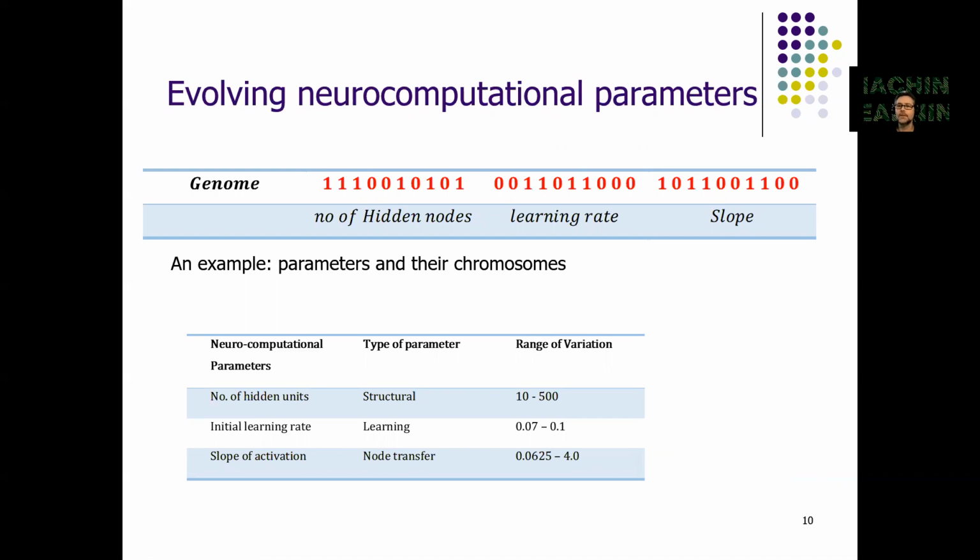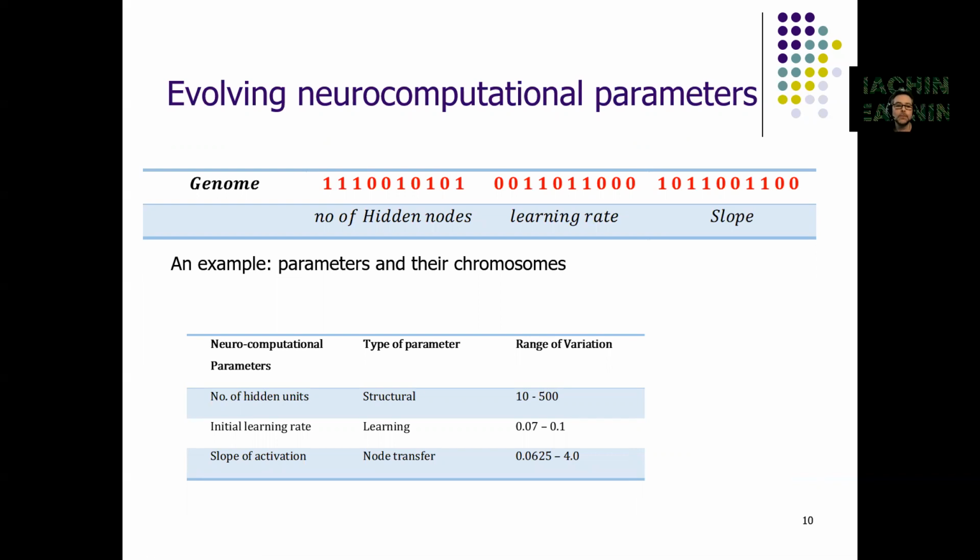As you understand, it's very flexible. Someone could create a much more complicated representation for the chromosome and include weights, but also architectural parameters. So it's an approach which makes sense to use in the context of neural architecture search. And also if you want to fine-tune even training algorithms.